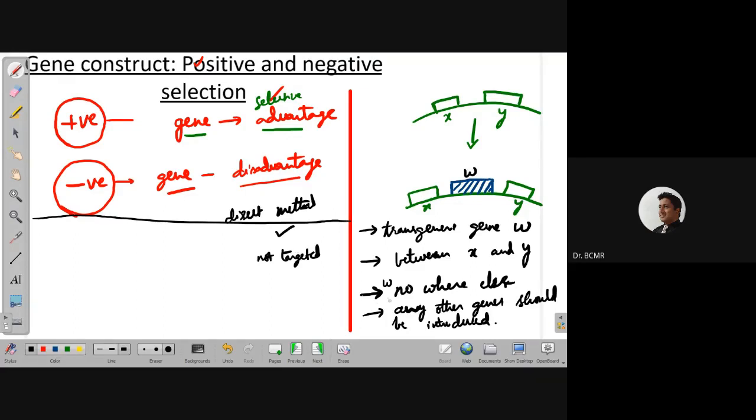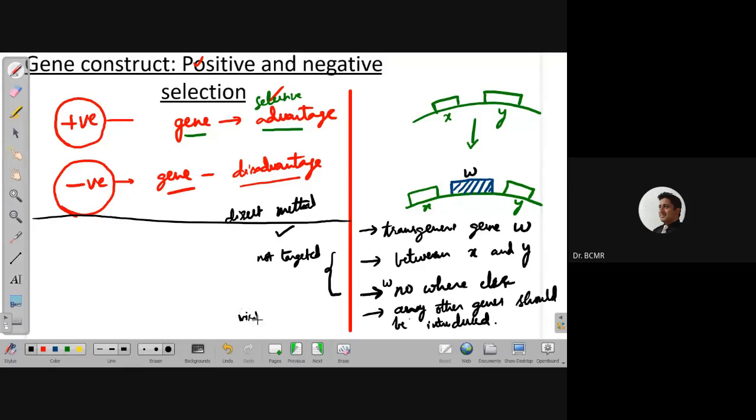The third one is nowhere else. W should not be anywhere else. Because it's not targeted, it does not fulfill this one as well. And no other genes should be introduced. Were any other genes introduced? Yes.